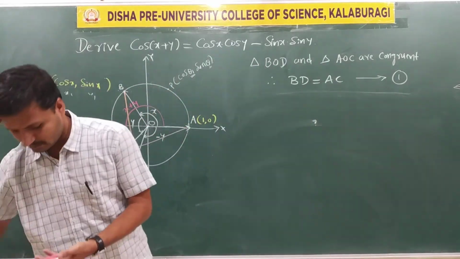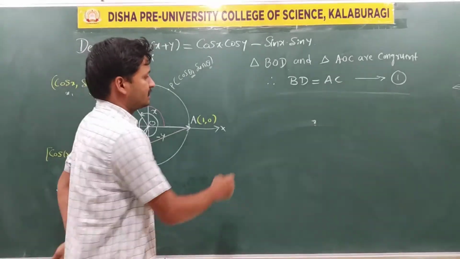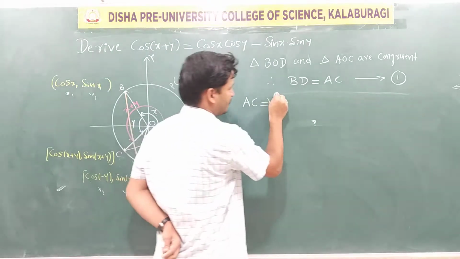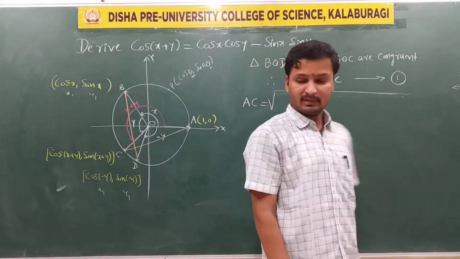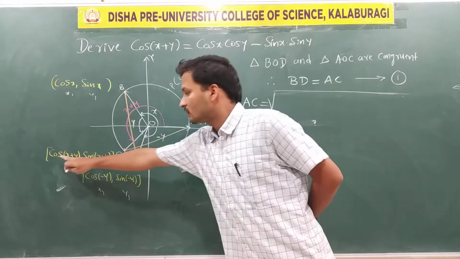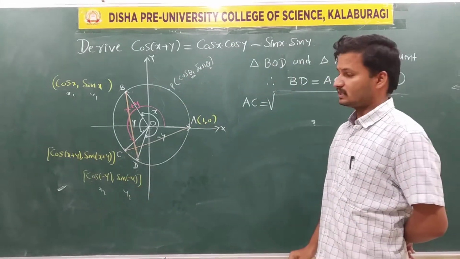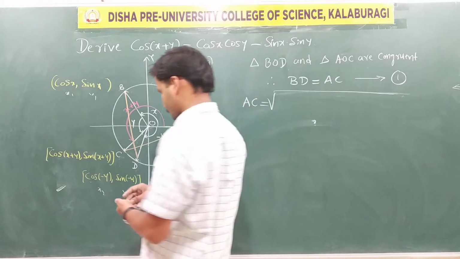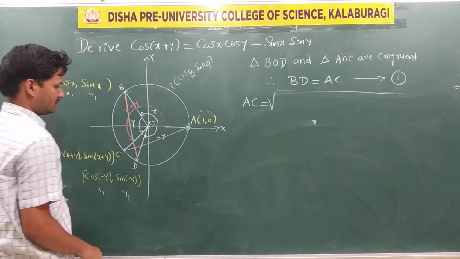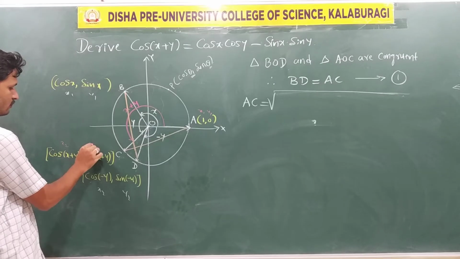Okay, yes. Now AC, the distance between point A and C, that is square root of S. Here point A is 1 comma 0, point C is cos of (x plus y) comma sin of (x plus y). So here now this is x1, y1 and this is x2, y2.